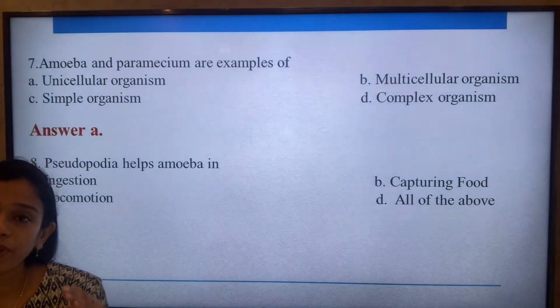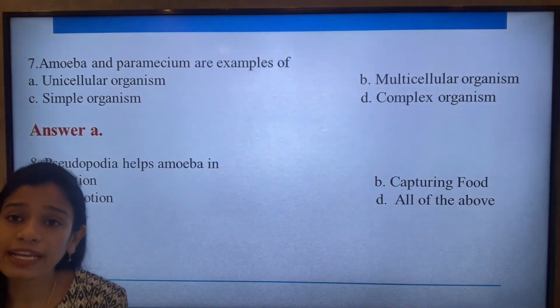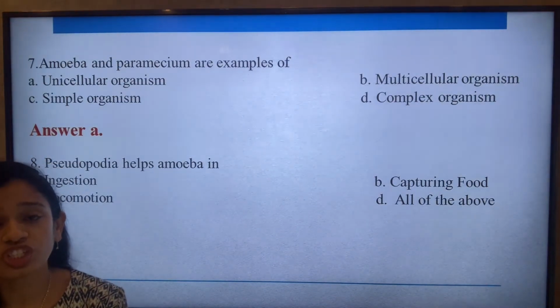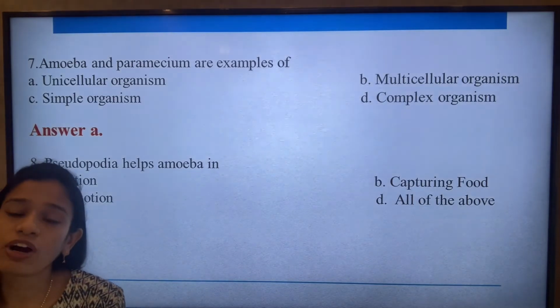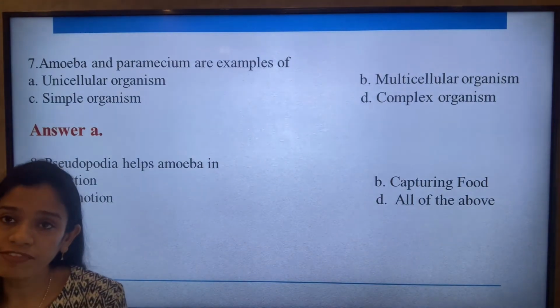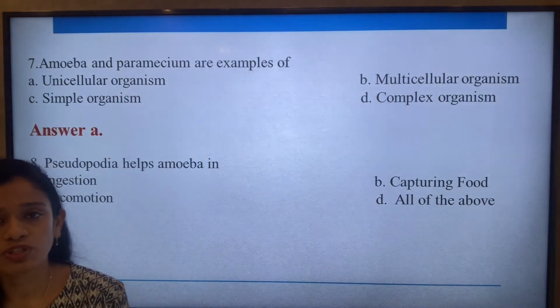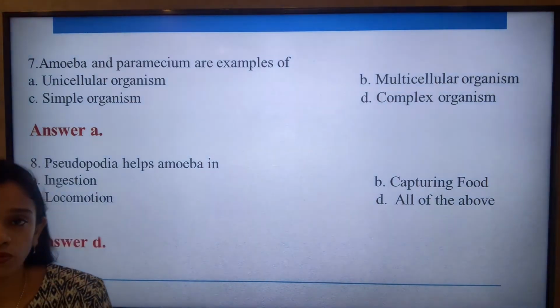They help in locomotion of the amoeba, in capturing or engulfing food, and in the process of ingestion, that is taking in the food. First they target and engulf the food, and then they ingest it, and it also helps in locomotion. So the correct answer is option D, all of the above.